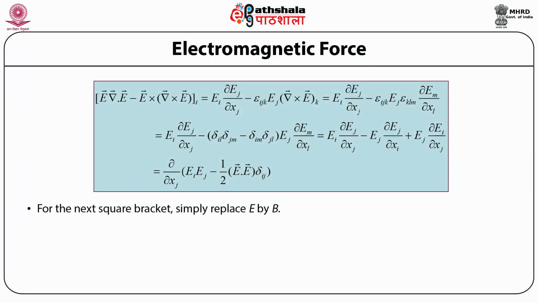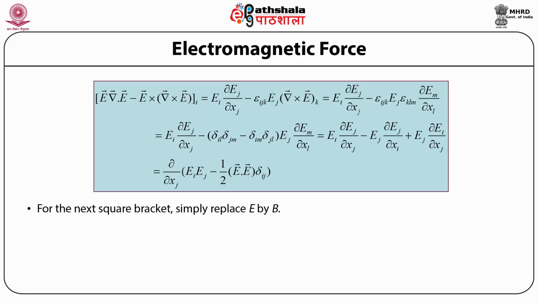If we look at the ith component of the first term within the square brackets, then this can be represented as bracket open electric field E times the divergence of the electric field minus the vector product of the electric field with the curl of the electric field, whole bracket close, ith component, and this is given as electric field subscript i times the partial derivative with respect to x subscript j of the electric field E subscript j minus epsilon ijk times electric field E subscript j times the kth component of the curl of the electric field, where epsilon ijk is the permutation tensor.